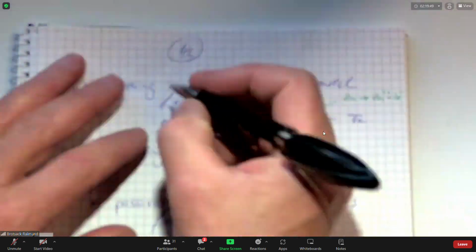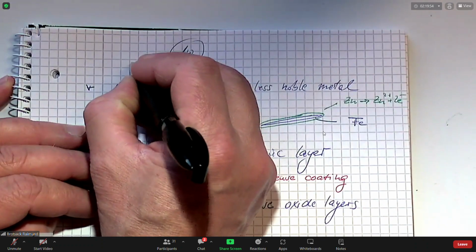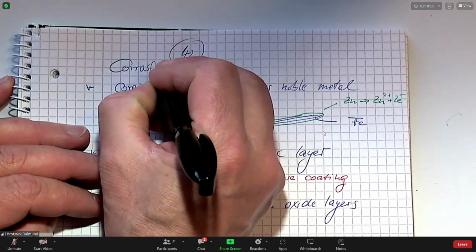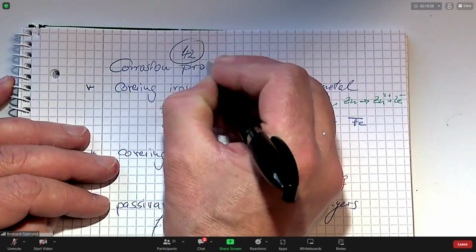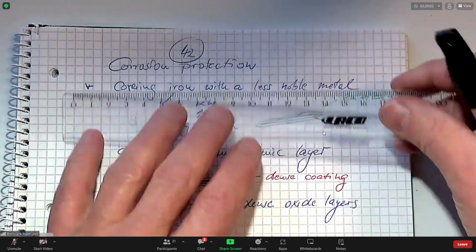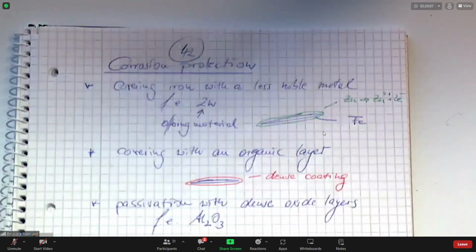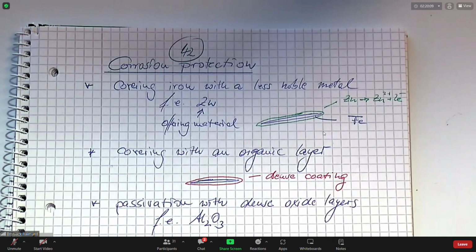This was the topic, corrosion protection. We discussed what redox reactions are, and one redox equation for that. It's good methods, the chromium and iron stuff.